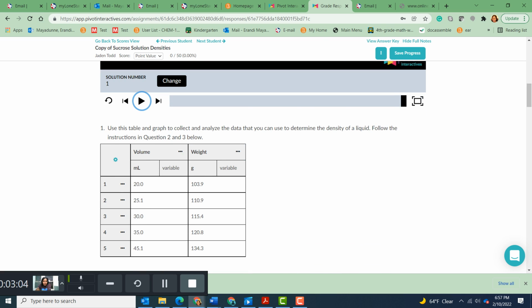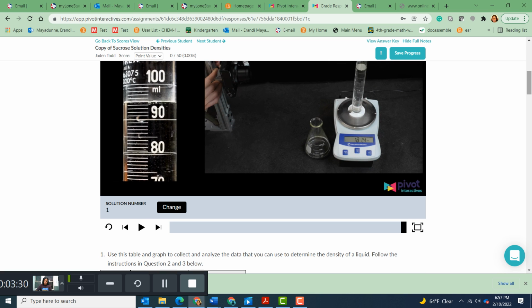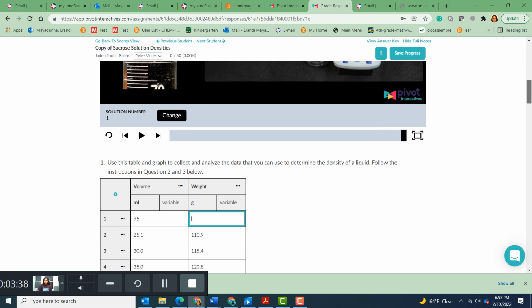So if you look at the first one, the volume is 95, and then the mass is 181.4 minus 80.4, which is 101. So my weight is 101.